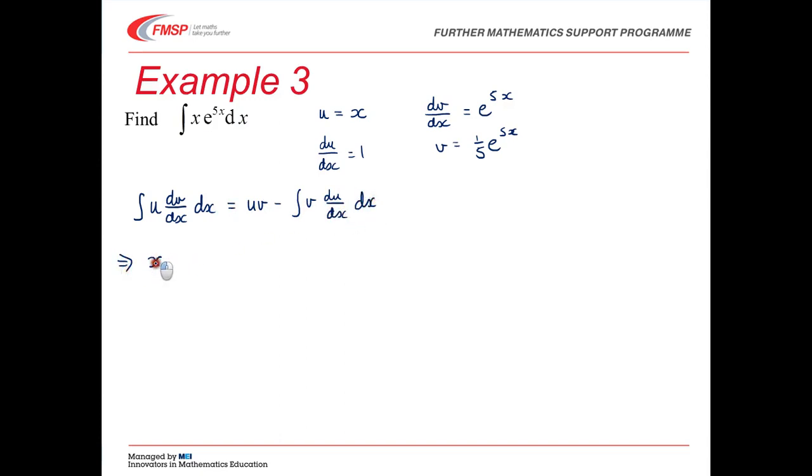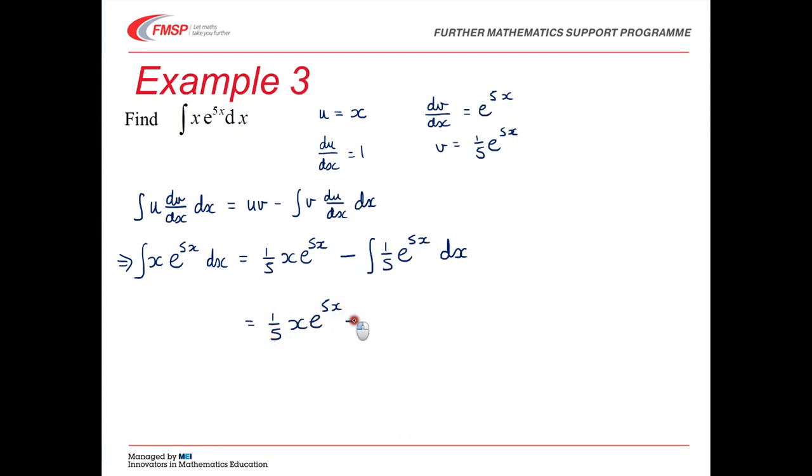So u is x, dv by dx is e to the 5x, this is the integral that we're trying to find, equals uv, so that's x times 1/5 e to the 5x minus integral of v, 1/5 e to the 5x, du by dx is just 1 dx. 1/5 x e to the 5x minus 1/25 e to the 5x plus constant.